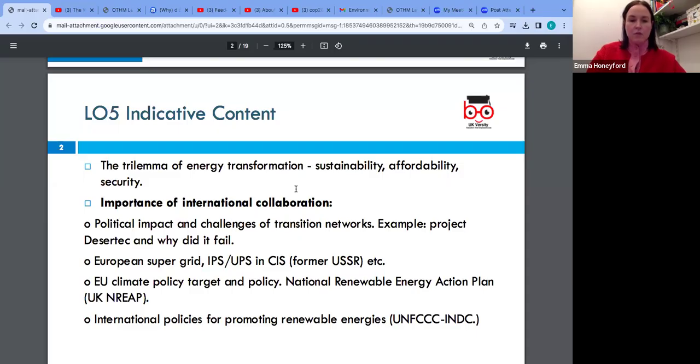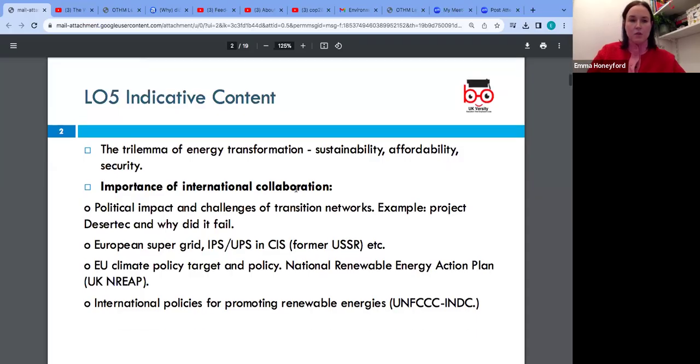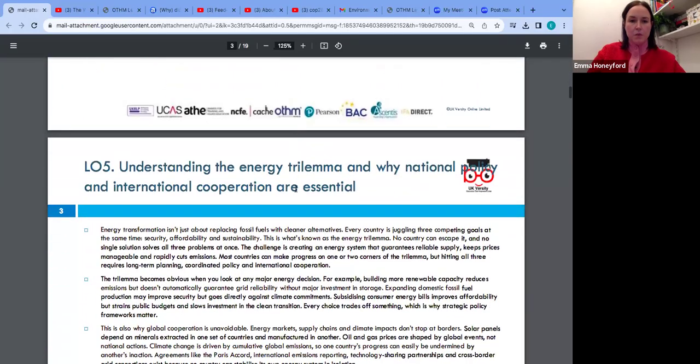Then we'll talk around international policies for promoting renewable energies, the role of international institutions such as the UN and the Paris Agreement, and their role in driving the transition.